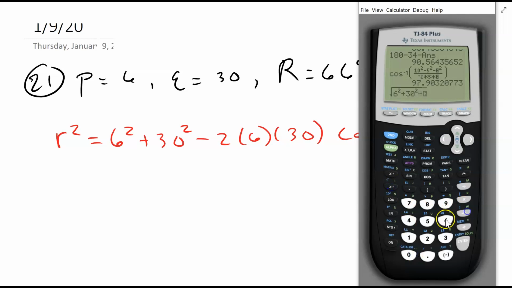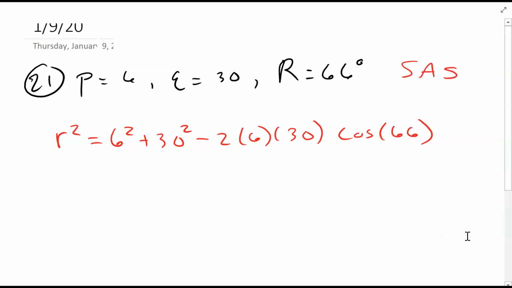Okay. It's 30 times cosine 66. So that's going to give me 28.1, let's call that. Sound good there? Okay.